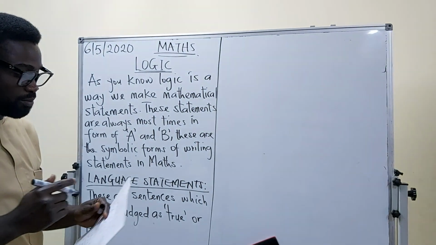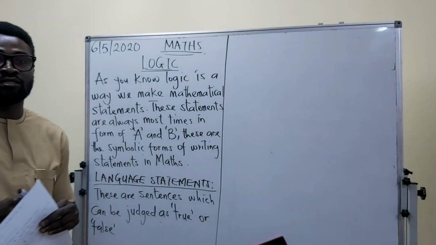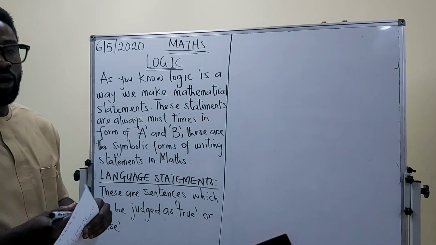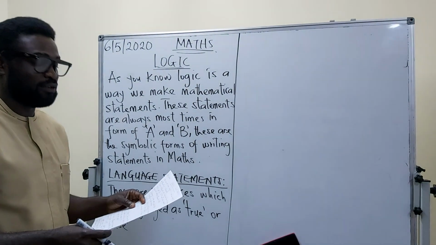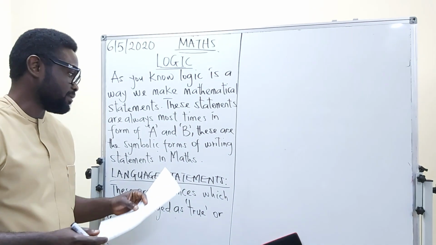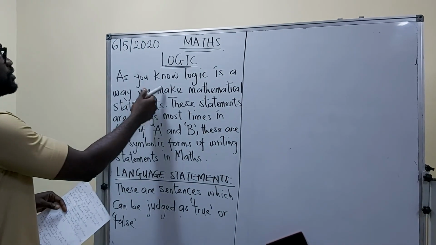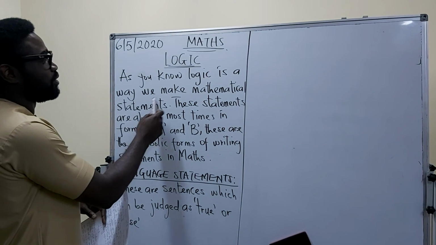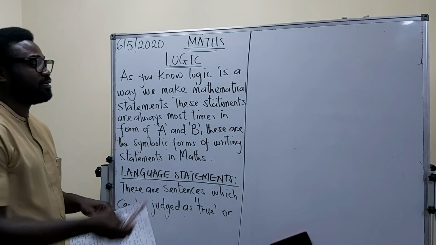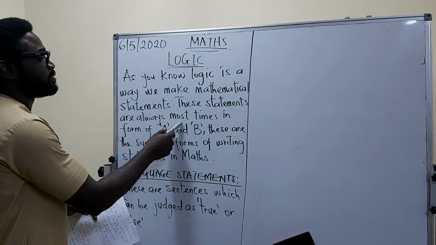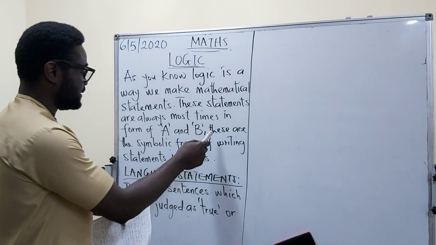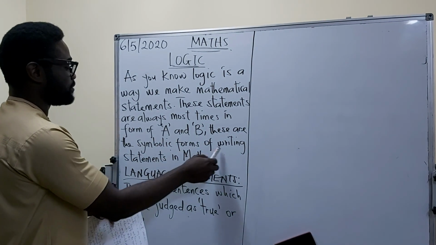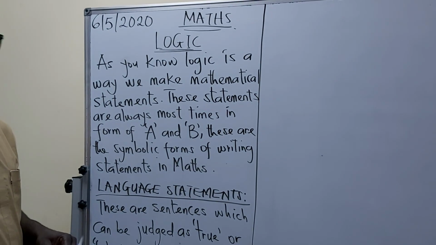This is maths, but it's something that has got to do more with English because we're going to be writing statements in form of mathematics. So, as you know, logic is a way we make mathematical statements. These statements are always, most times, in form of A and B. These are the symbolic forms of writing statements in maths.